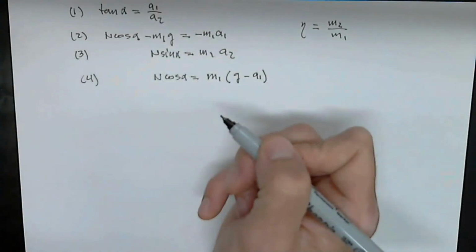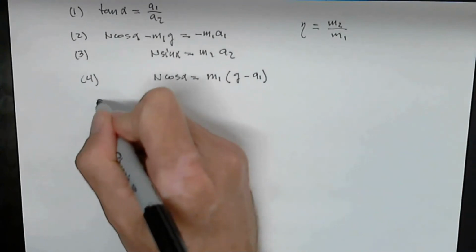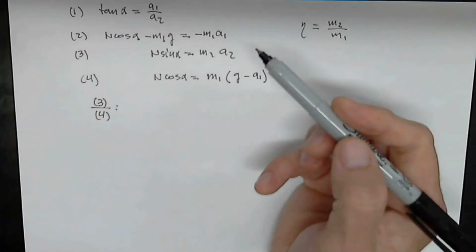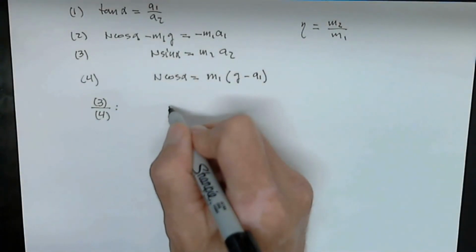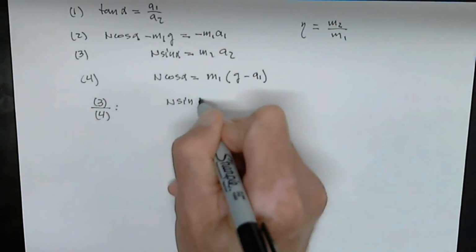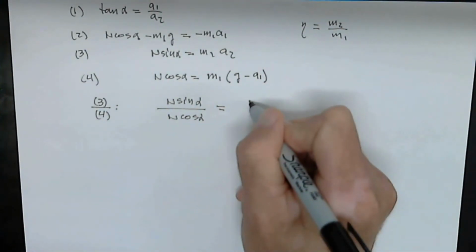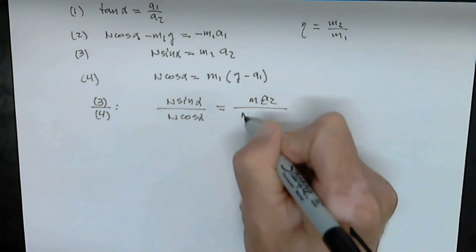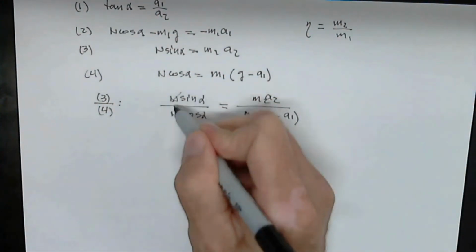Now I will divide 3 by 4 because I will get tangent on the left, and the N cancels.